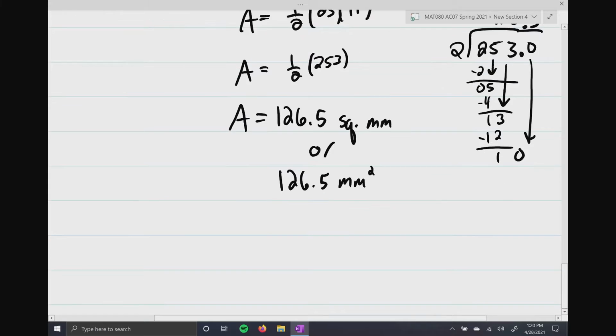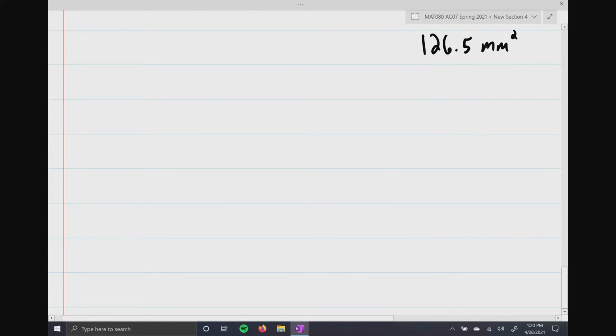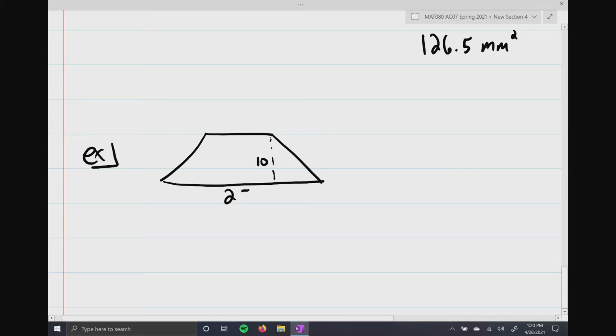All right, let's try another one. Try that for me, please. What are the units? Oh, you need units. What do you want them to be, Alex? I don't really care. All right, feet.